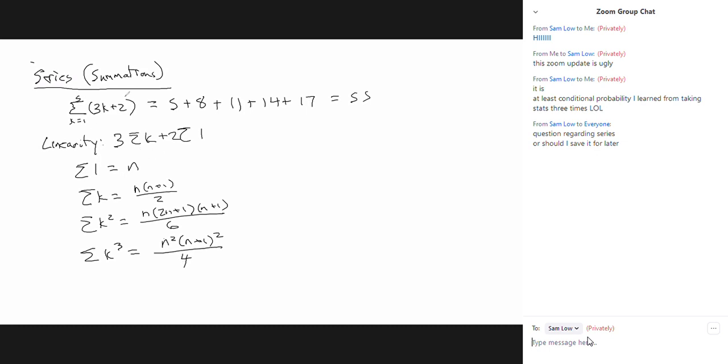Anytime you see anything like this on an exam, it's asking you to make sure you know about this linearity principle, that you can distribute this summation to the different terms. So this is a typical type of problem. I did put a problem like this on one of our past exams.